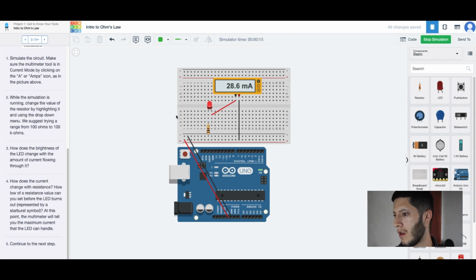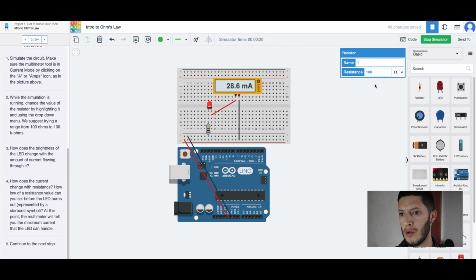By clicking on the A, or amps, while the simulation is running, change the value of the resistor by highlighting it and using the drop down menu. Okay, so now it's at 100 ohms. So we're going to go from 100 ohms to 100 kilos. So there's almost nothing going through. Now it's like really dim.